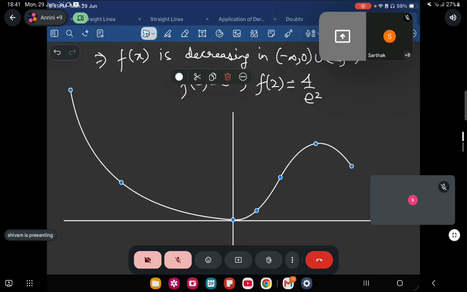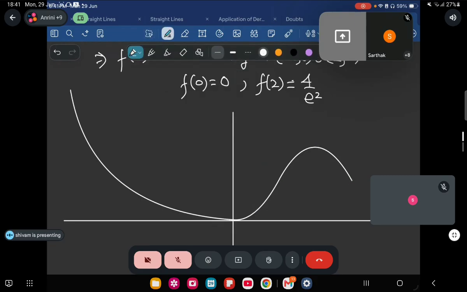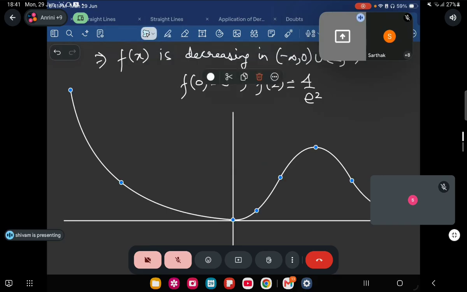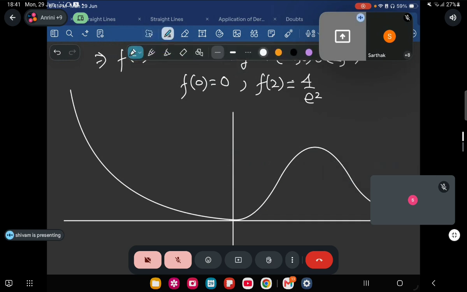Tell me. Yes, sir. And then again it decreases up to infinity. This is how the graph is going to look. Anyone having any doubt, you can ask me, I'll explain.